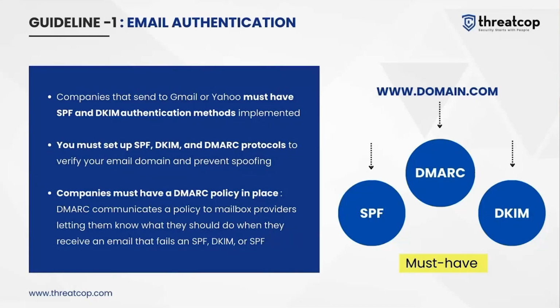Then you have to set your SPF and DKIM protocols to verify the domain, to prevent spoofing. Third, all the companies must have a DMARC policy in place. As we have already discussed, the DMARC policy defines what happens if the email fails. You have to configure the policy, whether you want to send the mail to quarantine, or set the policy to reject so that the message doesn't get delivered, or keep it on none.